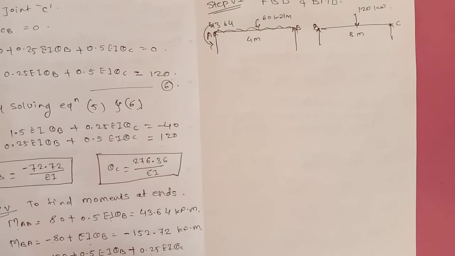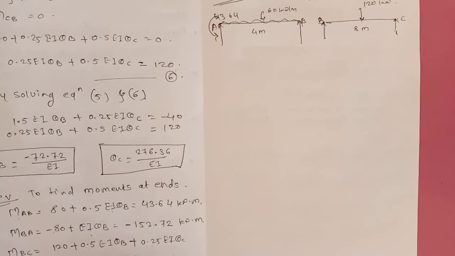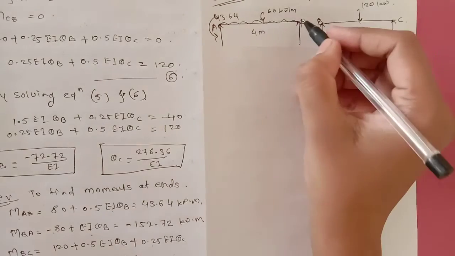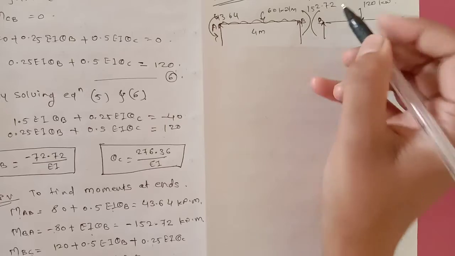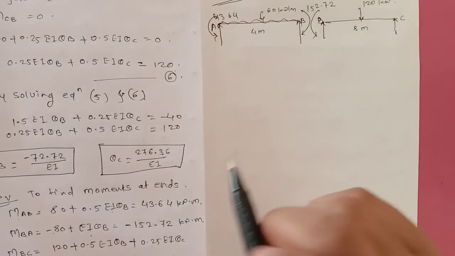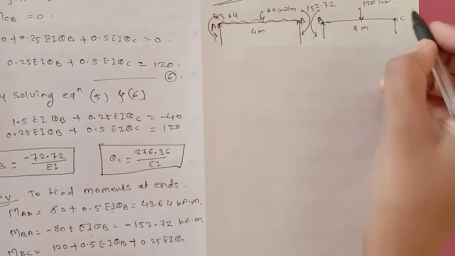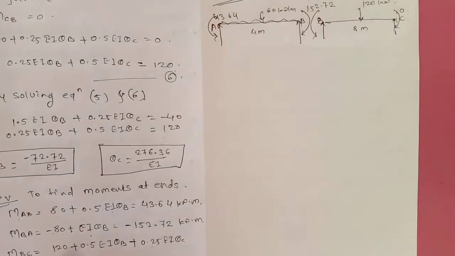Then for joint B, two members, that is BA member and BC member, so its value is 152.72. The same value is there, only the sign is changed. That's why here we take clockwise and anti-clockwise moment. And last, for joint C, 0 moment is there.